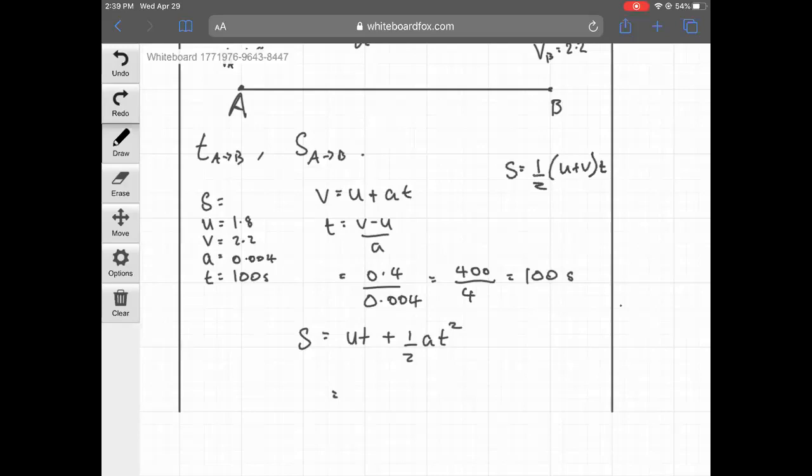So that's going to be 180 plus a half of a, 0.002 times 100 squared is 10,000. So this should give us, gonna guess it's about 200 meters, but could be wrong. 180 plus 0.002 times 10,000. 200, bang on. Okay, easy.